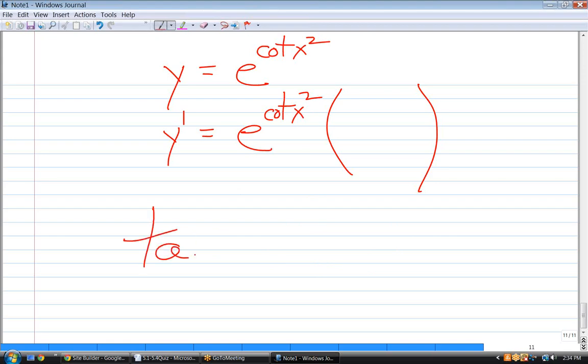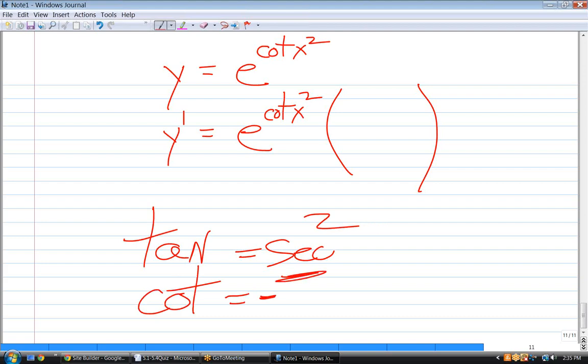Remember the derivative of tangent is secant squared. So the derivative of cotangent, because it's the cofunction, is minus the cofunction of that squared.